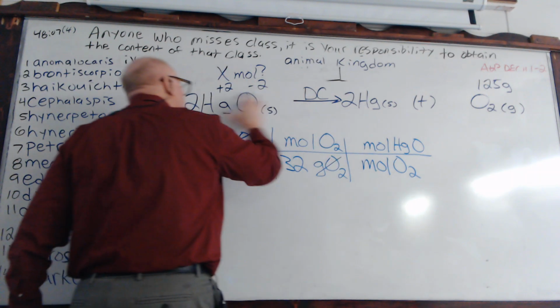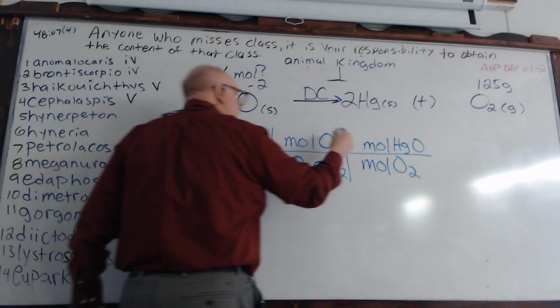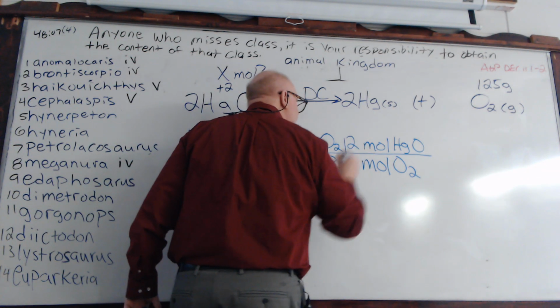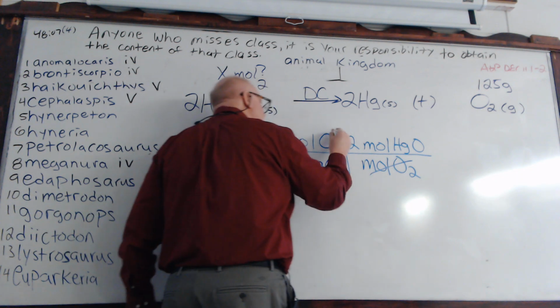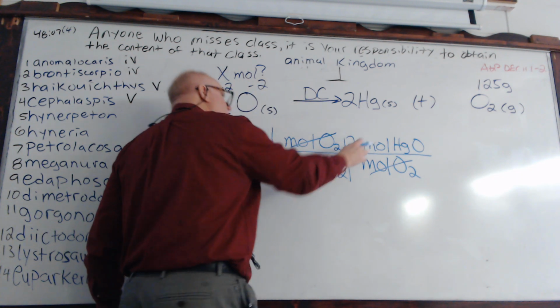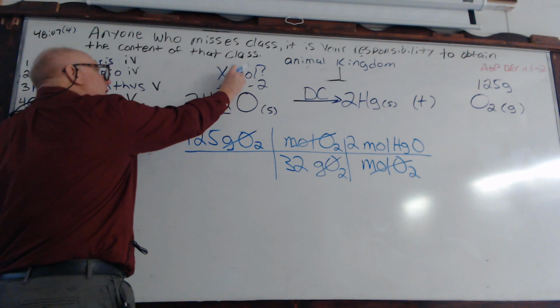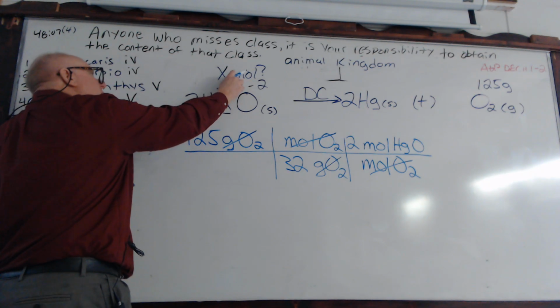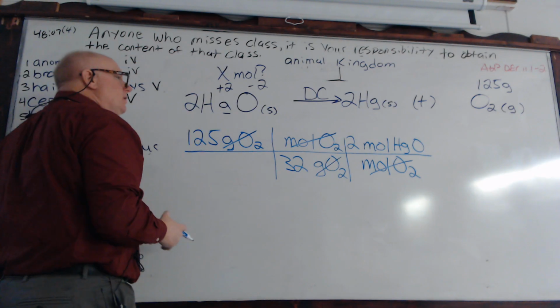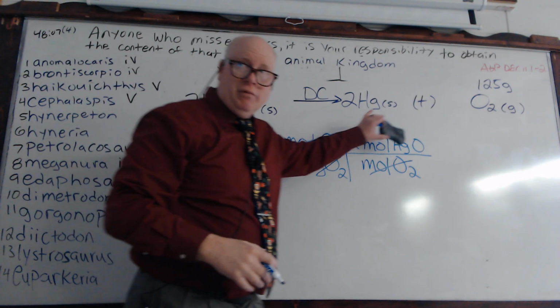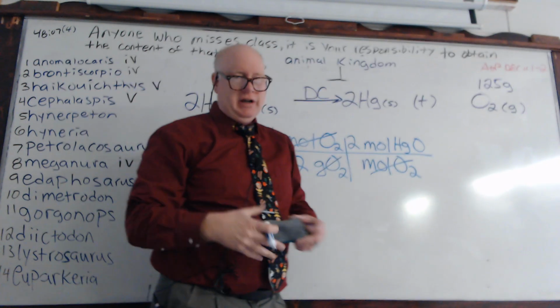Look back to our equation. There's a 2 in front of there, so we have to put a 2 here. Everything has canceled. You're left with moles of mercuric oxide, and that's why we write this up here. It's saying how many moles of this? Now we're in moles of mercuric oxide, so we know that we're done.